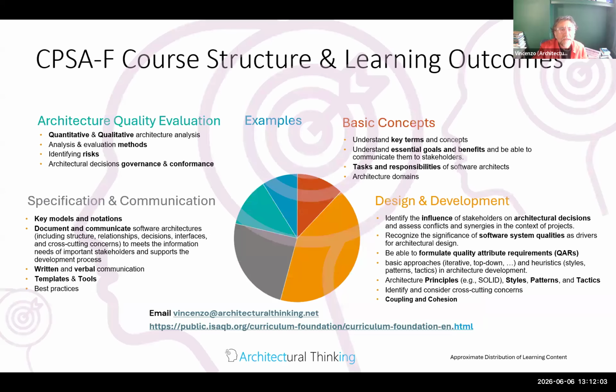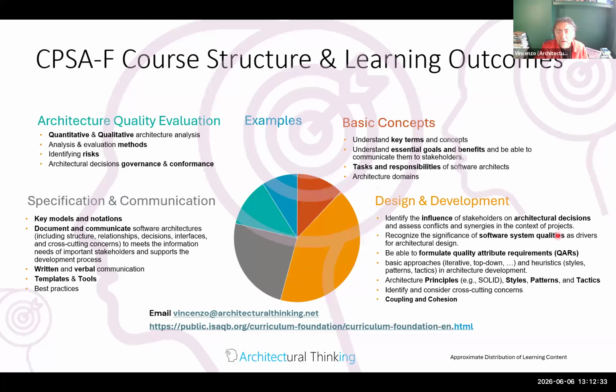And these are in more detail the actual topics, the learning outcomes that are covered. The course starts with key concepts and key terms, what are the benefits, tasks and responsibilities of the software architect, architecture domains, data, technical, business domain, and application architecture, and so on and so forth.